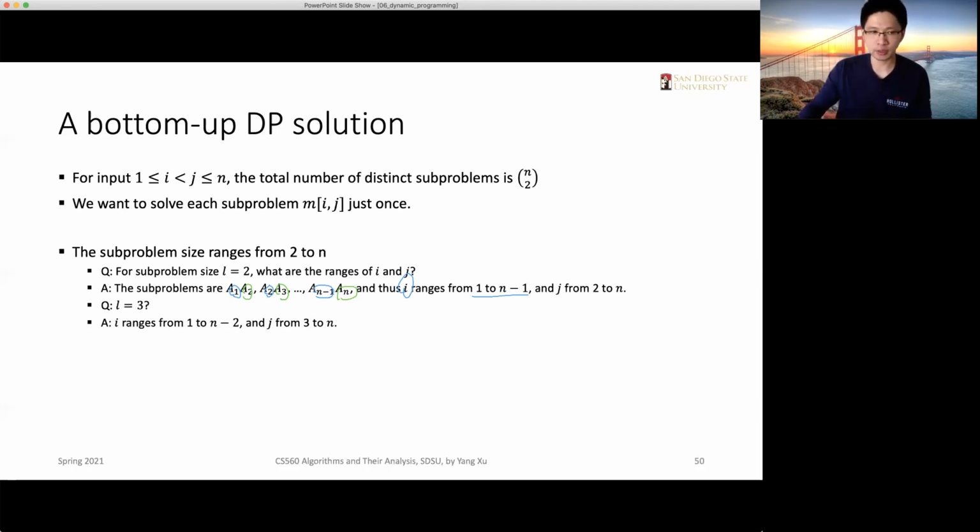So for this L equals 3, we let I range from 2 to n minus 2, and J will be from 3 to n, because the size increases from 2 to n.